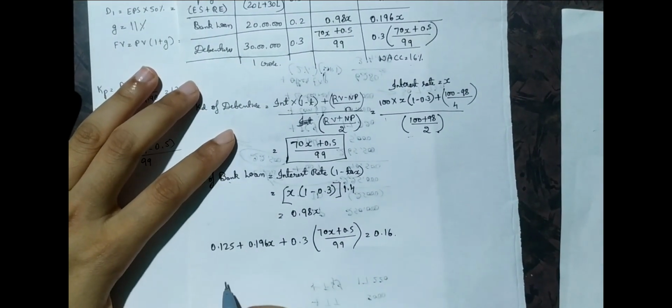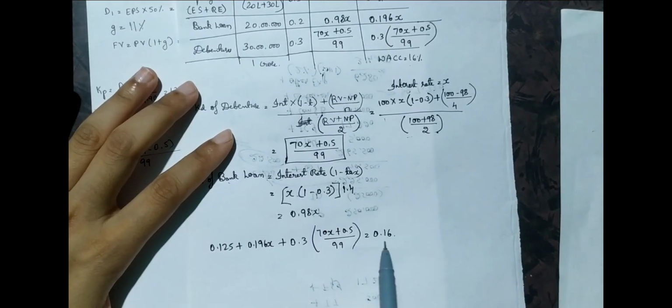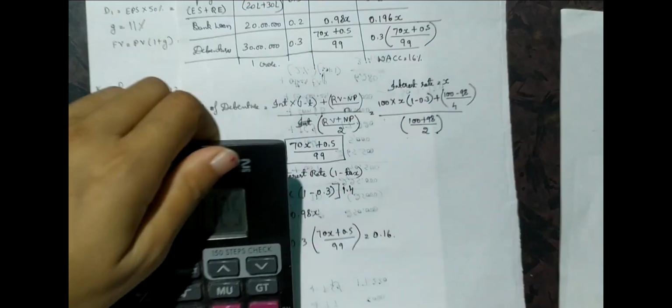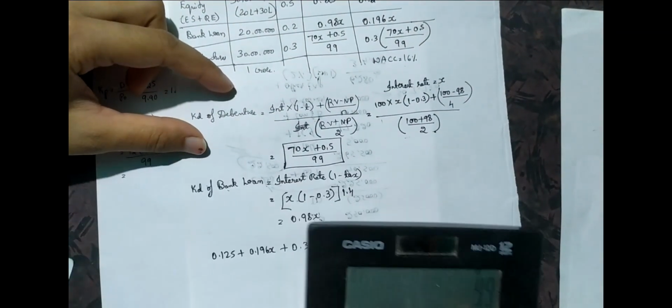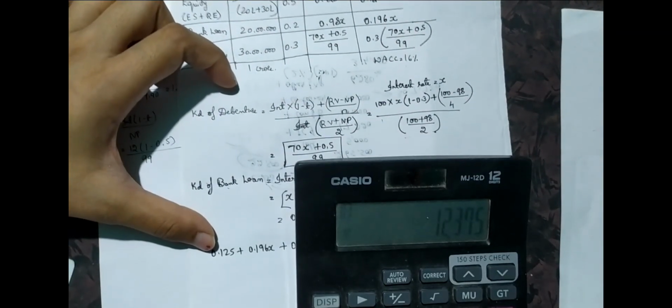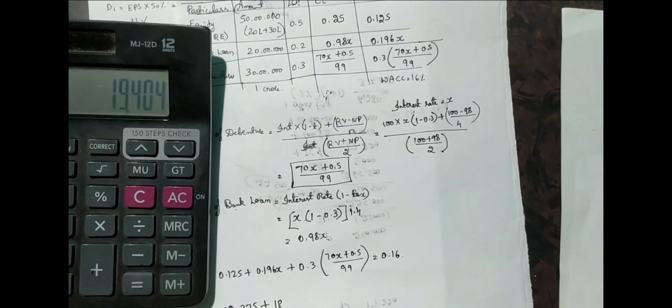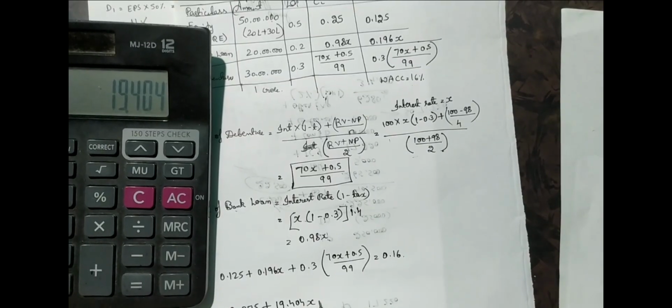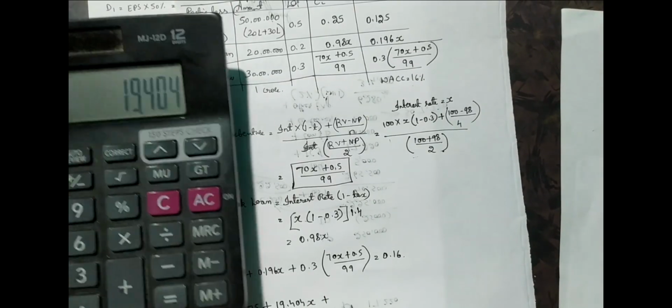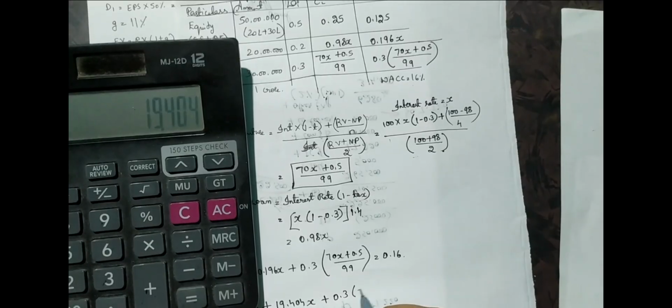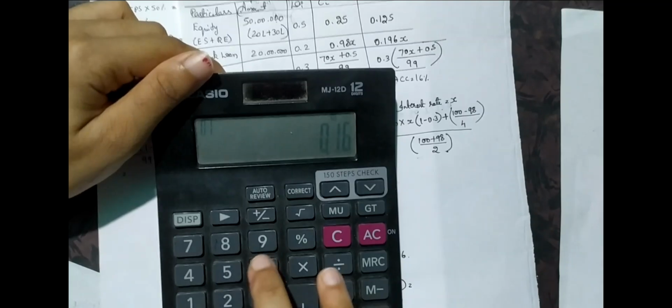So let's multiply both sides with 99. So 99 into 0.125 is 12.375, and 0.196 into 99 comes out to be 19.404x, plus we are left with 0.3 into 70x plus 0.5, is equal to 0.16 into 99.